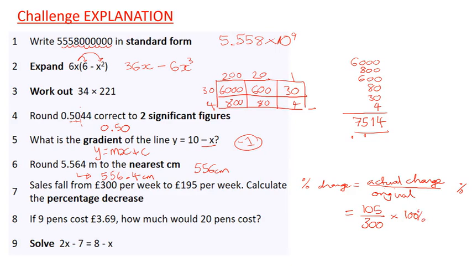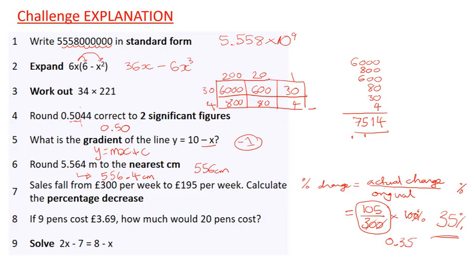My hundreds cancel out here, these zeros, so 105 divided by 3 is 35%. Or you could put that into your calculator. If you just put this bit in your calculator, 105 divided by 300, you would get 0.35, and hopefully you would recognise 0.35 is the decimal equivalent of 35%.